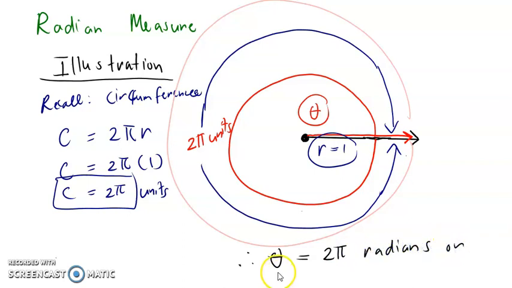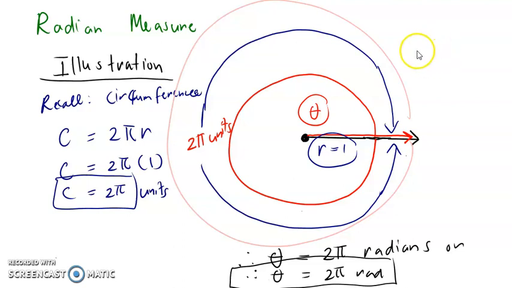Or simply, theta is equal to 2 pi rad. So notice from this example that the central angle theta forms a complete revolution. That is, a complete revolution is equal to 2 pi in terms of radians.